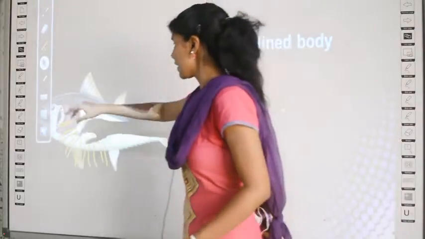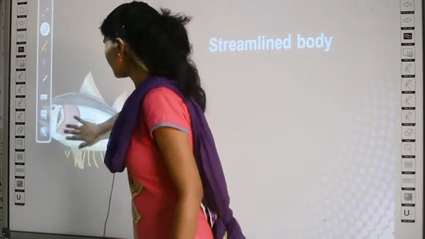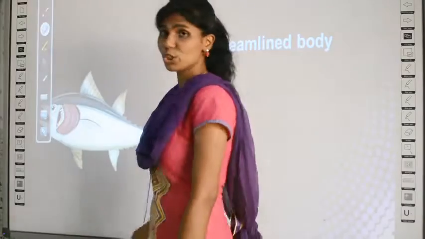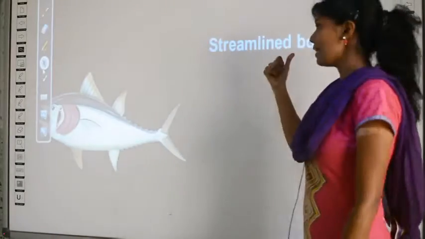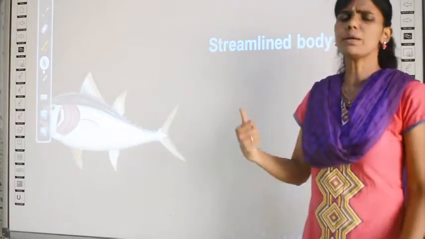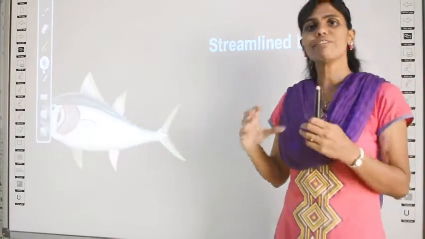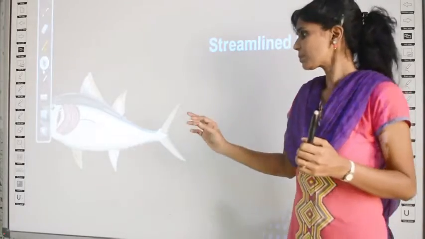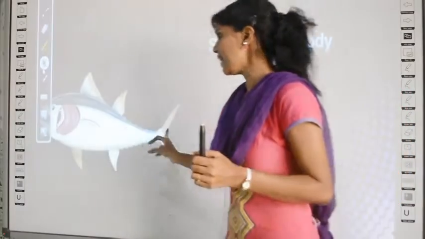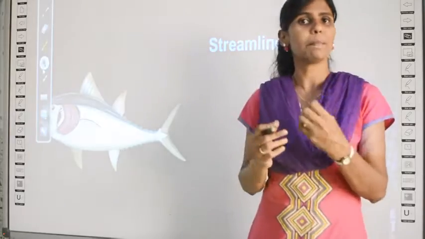Apart from these gills, one more special adaptation that is present in the fishes is streamlined body. What is the streamlined body? It is a special feature again in the fish. Streamlined body means the head and the tail region will be tapered.